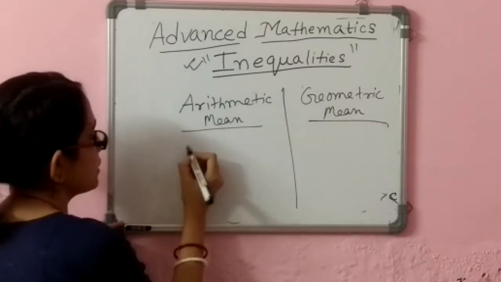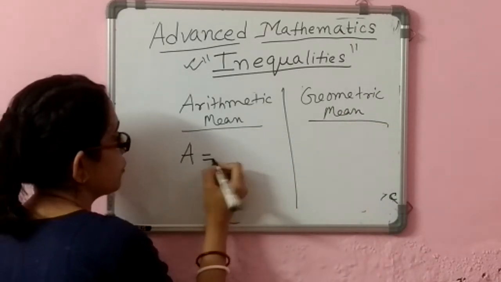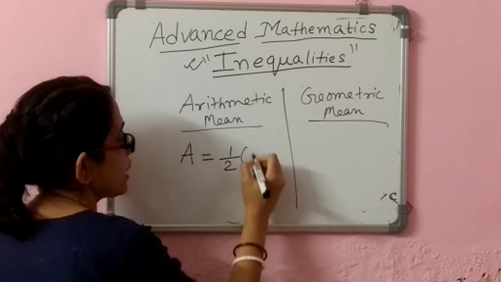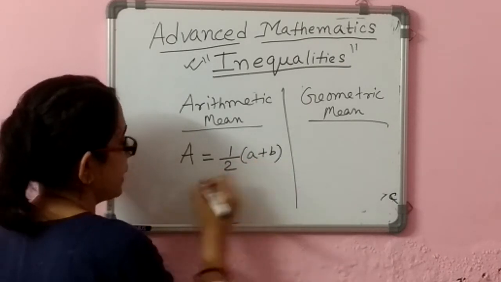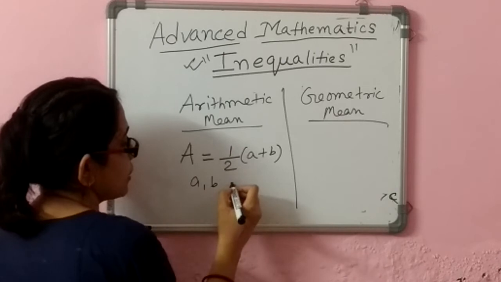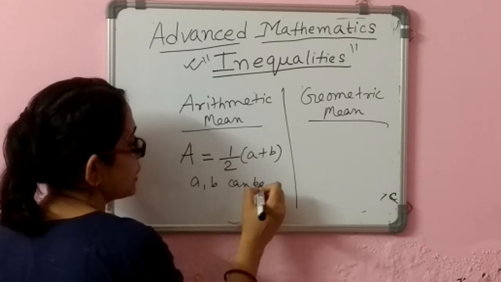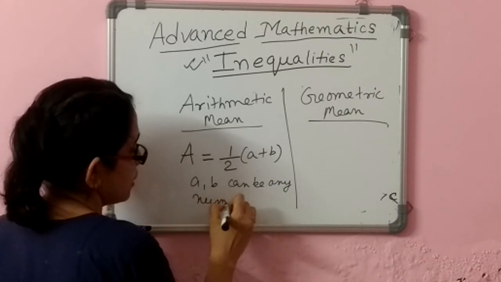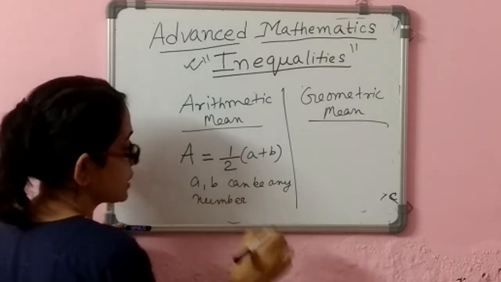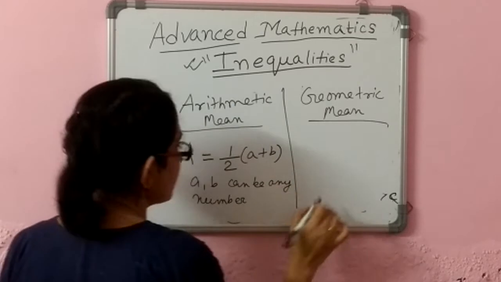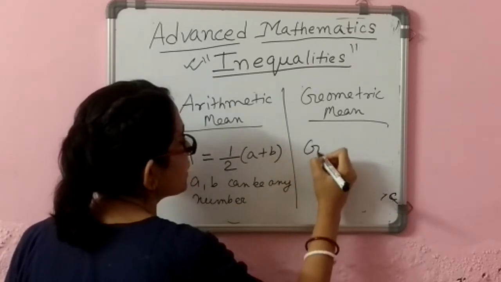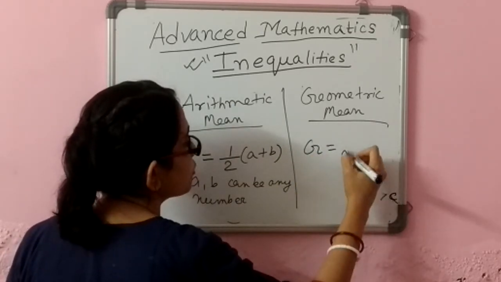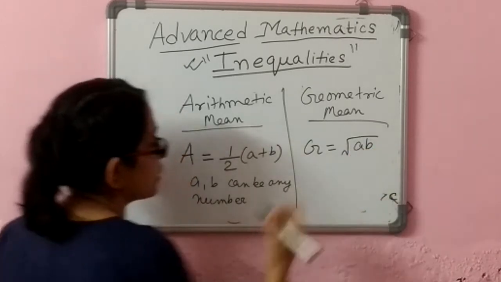Arithmetic mean is represented by A equal to half of A plus B, where A and B can be any number, whether positive or negative or 0, and geometric mean is represented by root over of AB.